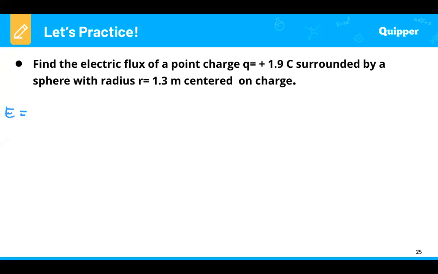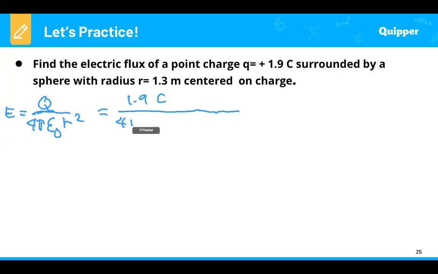E is equal to Q over 4 pi constant R squared. Correct? So let us put each of those. Q, we have 1.9 coulombs all over 4 pi.